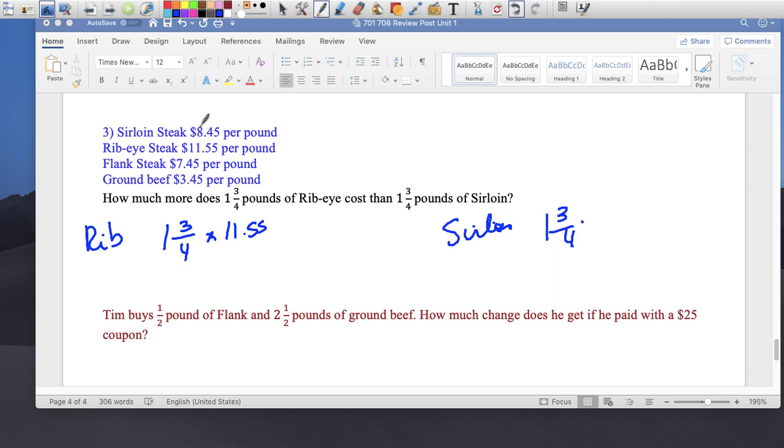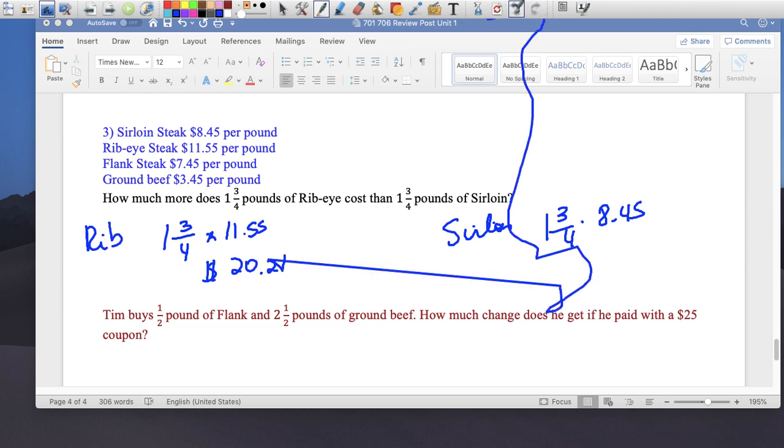What's a sirloin? 8.45. All right, so you can put that in your calculator. And this is going to cost us $20.21. The sirloin is going to cost us, oops, where's the sirloin?